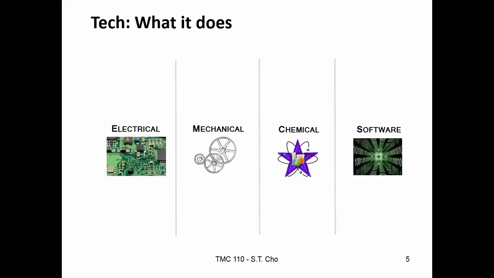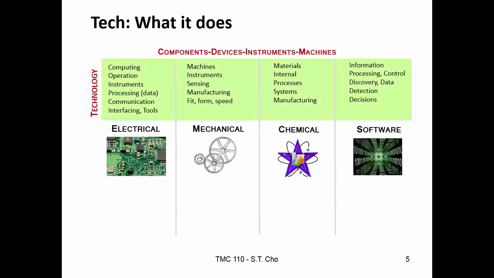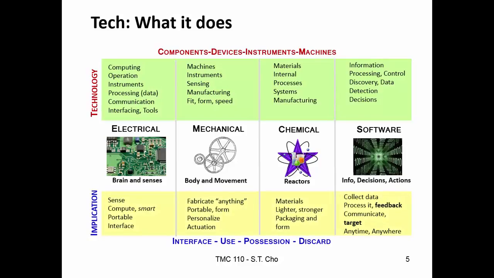Now, in terms of technology, you can kind of break it down into 4 areas. And this is the extension of you we're going into. What's the implication of these technologies? Well, the implication of electrical engineering is that it's basically my brain. And so now we're getting into processing and data. And so that's what electrical technology will give me. Mechanical technology can pretty much mimic any movement.